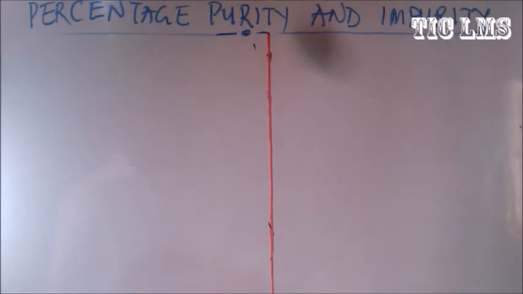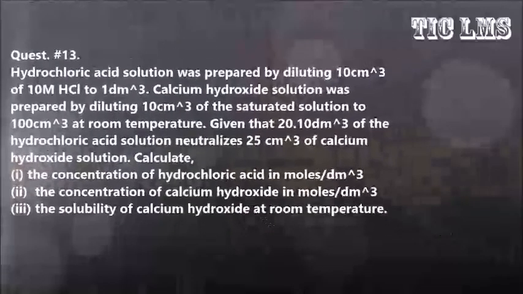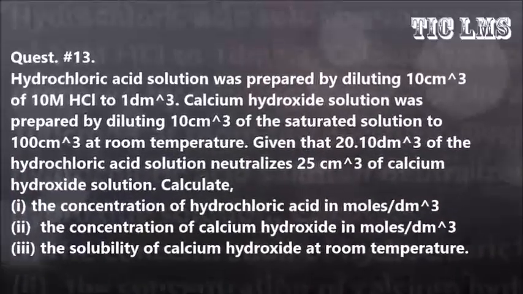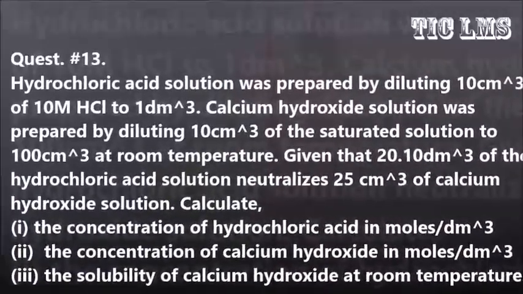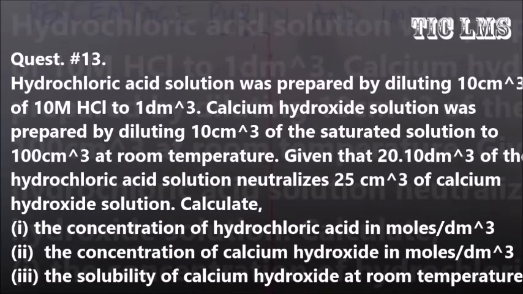Alright, so we have a next question here, which says a hydrochloric acid solution was prepared by diluting 10 cm cubed of 10 molar hydrochloric acid to 1 dm cubed. Calcium hydroxide solution was prepared by diluting 10 cm cubed of the saturated solution to 100 cm cubed at room temperature.